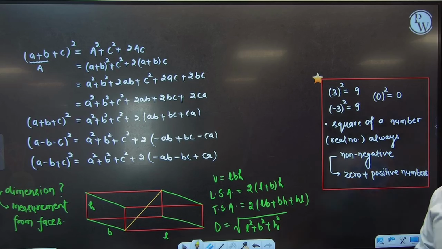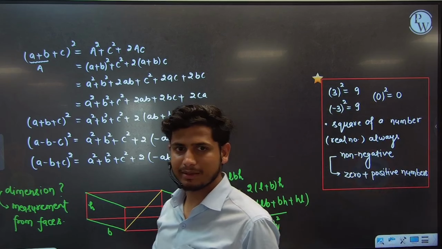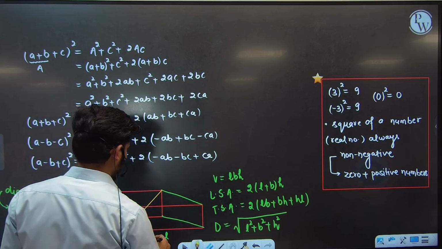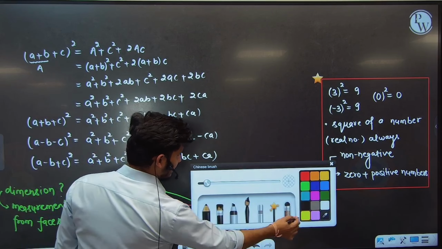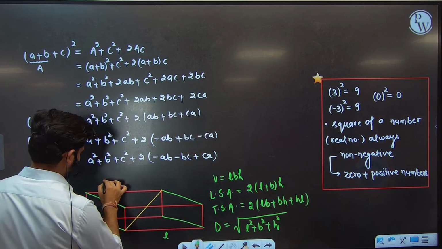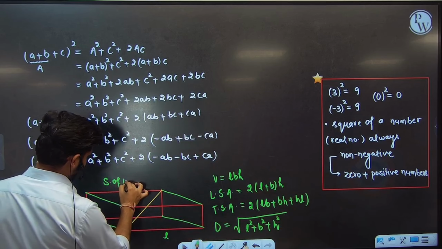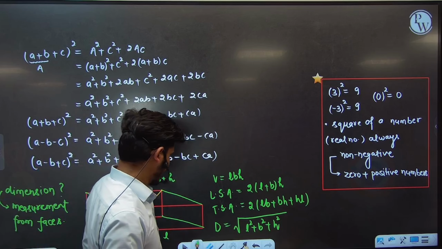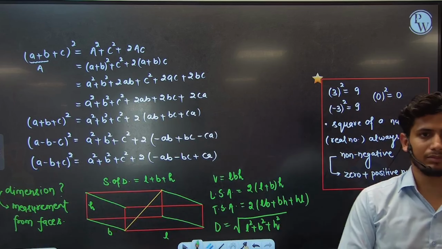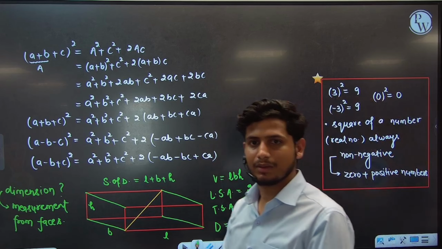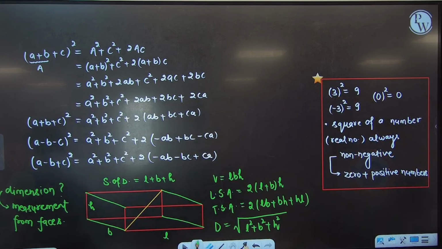Sum of dimensions means L plus B plus H.